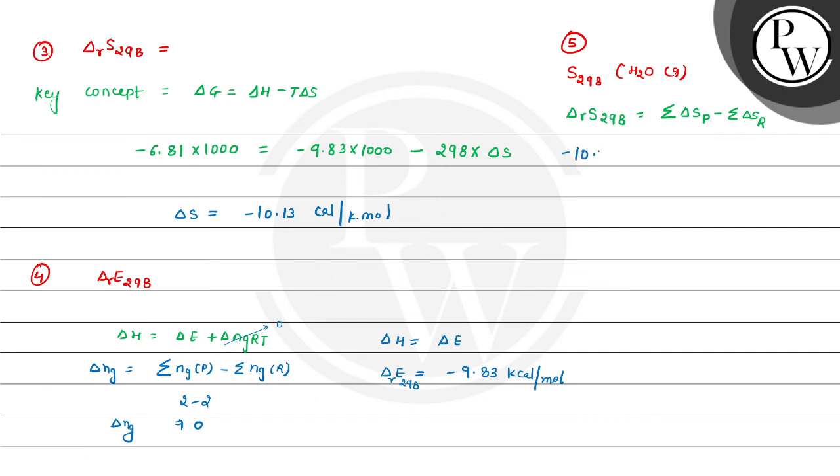So minus 10.13 is equal to, at product side we have H2 gaseous and CO2 gaseous.